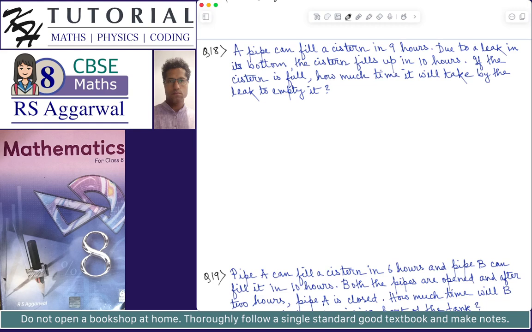Okay, now if the cistern is full, how much time will it take by the leak to empty it? So we have to consider the leak as an outlet. So basically it is asking what is the time taken by the leak, or you can consider it as an outlet, to completely empty a filled tank. Okay, so basically we have to find what is the work done per hour by the leak.